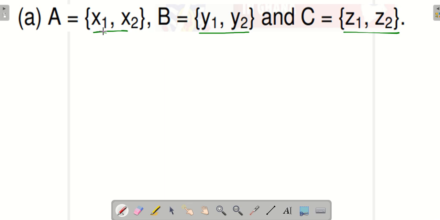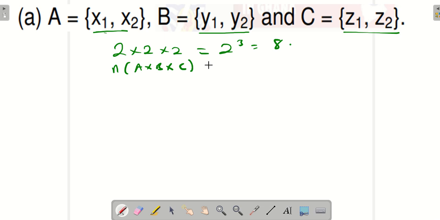So there are how many elements in each set? That is 2. So it's going to be 2 times 2 times 2, and that will give us 2 cubed, which is the same as 8. It means that the number of elements in A cross B cross C is going to be equal to 8.